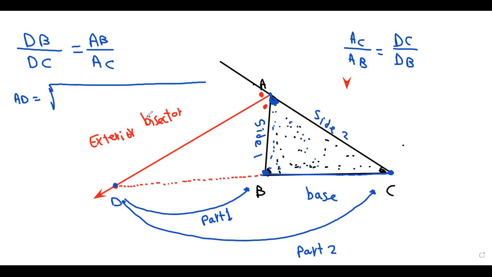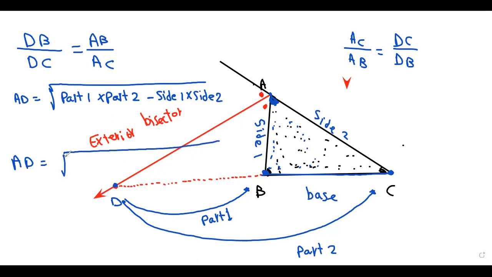But in the exterior bisector, you will multiply part 1 times part 2 minus side 1 times side 2. So to find the length of AD, you should find DB times DC minus side 1, AB times AC.